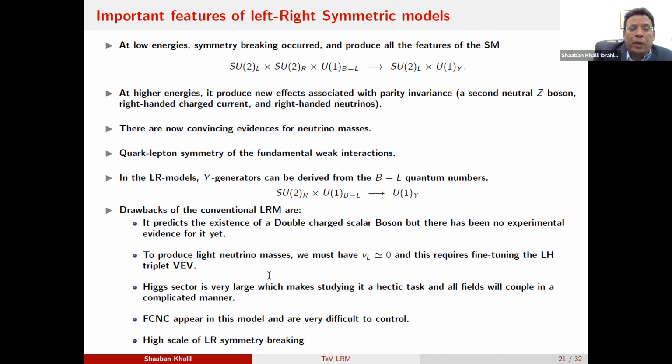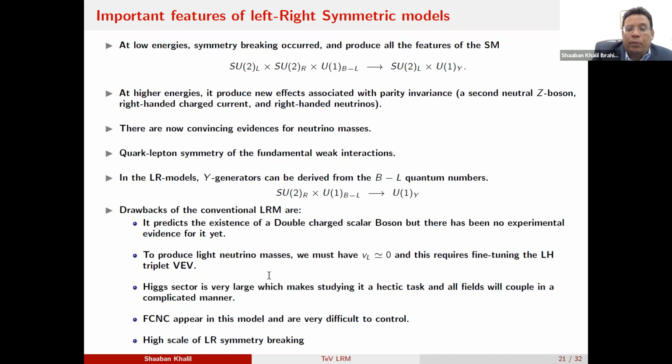So the problems here: it has very interesting and nice features. It can generate the neutrino masses. It has a kind of left-right symmetry, as we said, but it has some drawbacks.